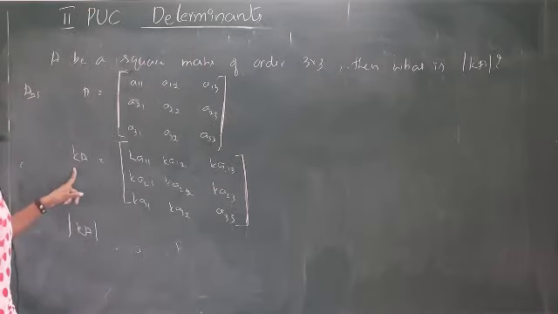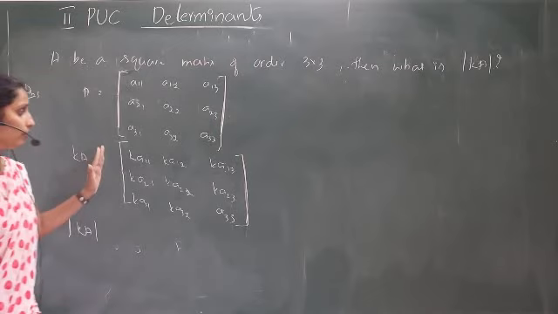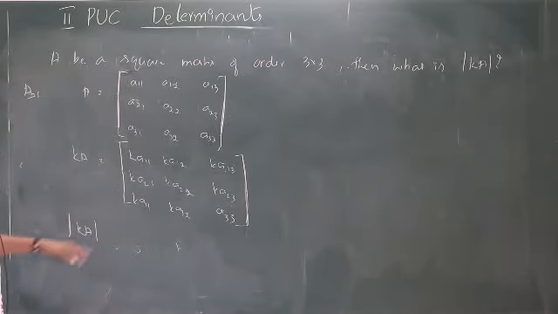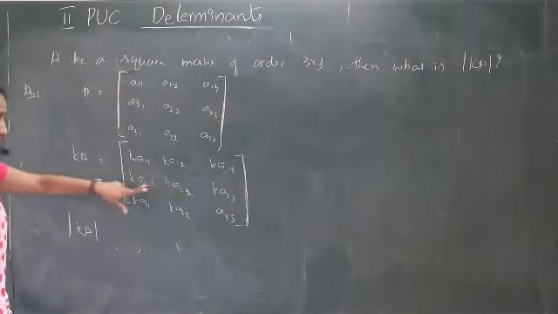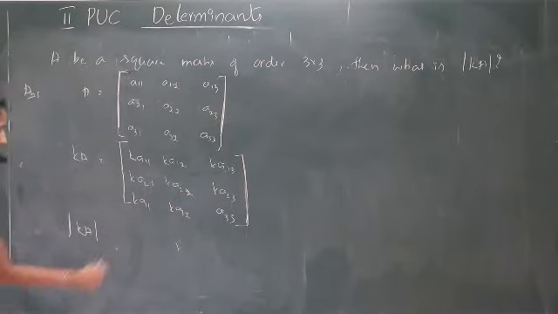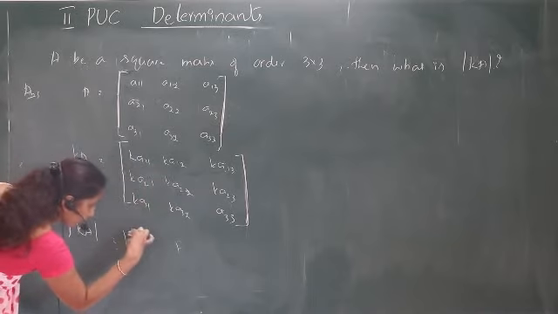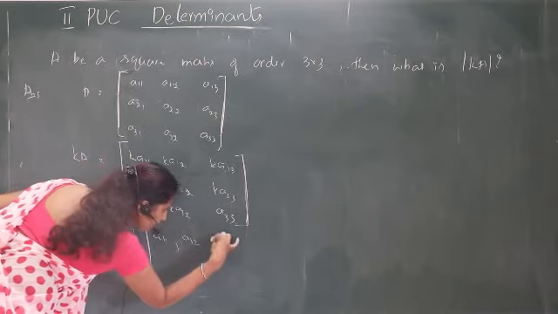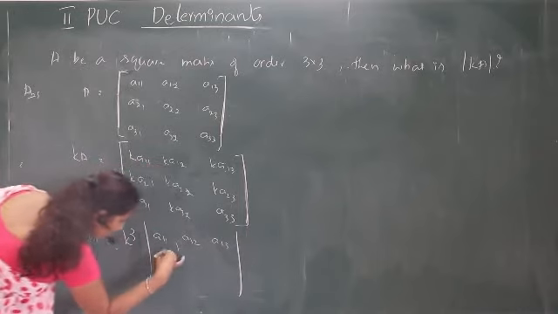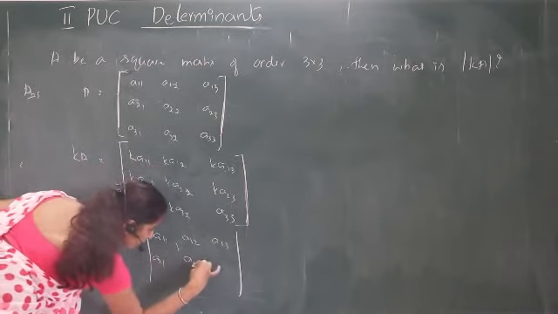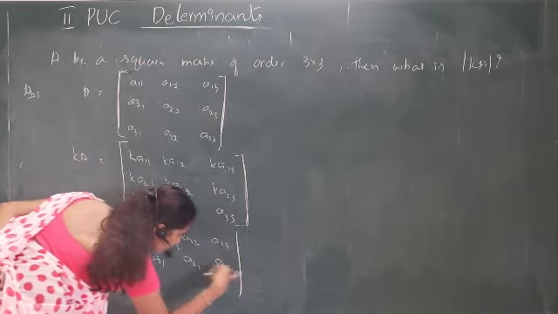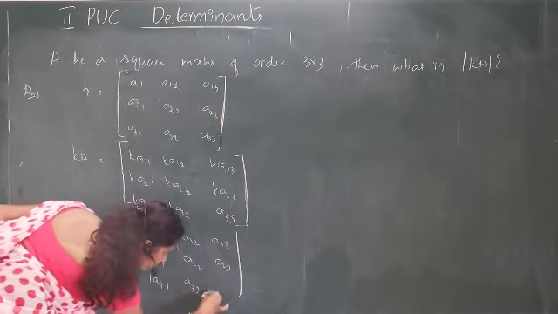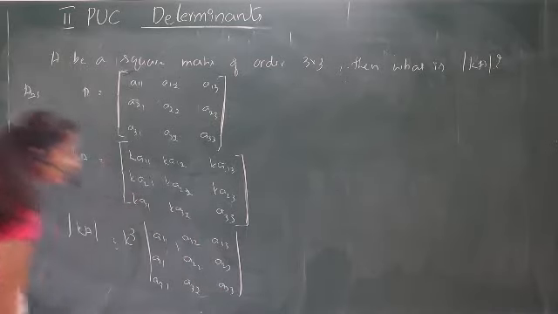So when you multiply a matrix by k, all the terms are multiplied. But when you take a common term in a determinant, we have to take k from here, from here, and from here. So this will be equal to k cube of the determinant of A11, A12, A13, A21, A22, A23, A31, A32, A33.